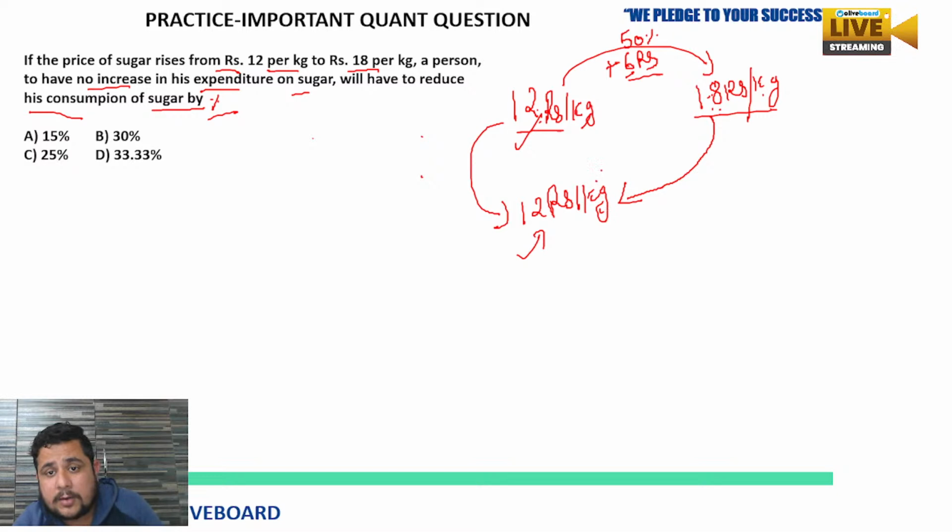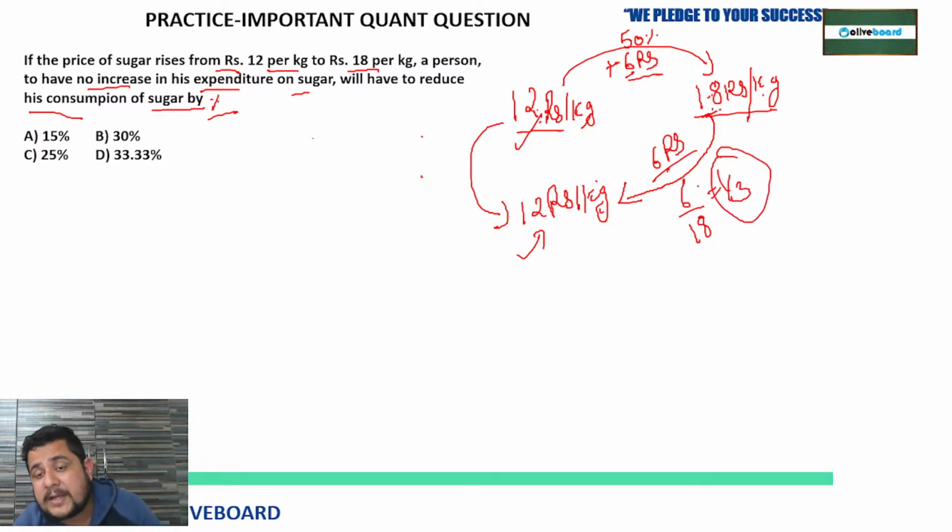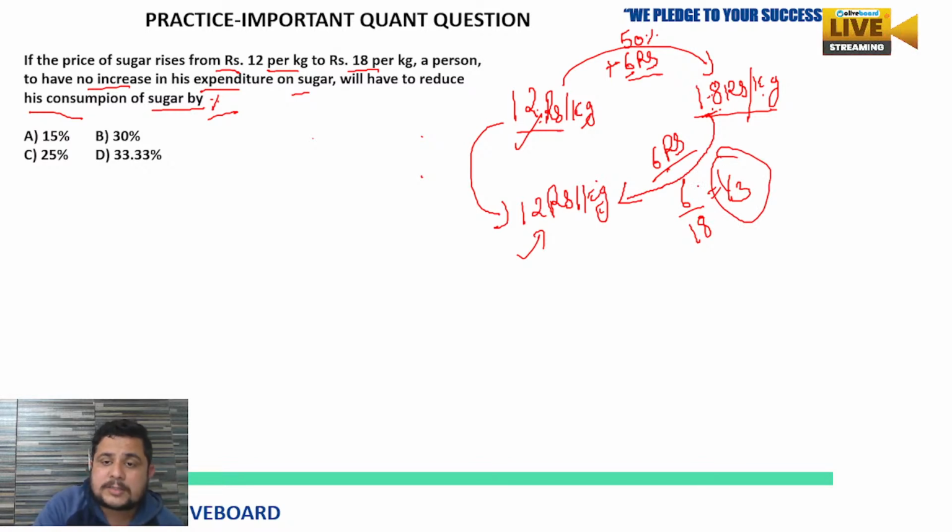So we can check. Okay, what is the difference? 6 rupees less sugar. Okay, 6 rupees less. So in quantity with respect to 18, 6 is what? 6 upon 18 means 1/3. So how much part of sugar he will reduce? How much consumption?